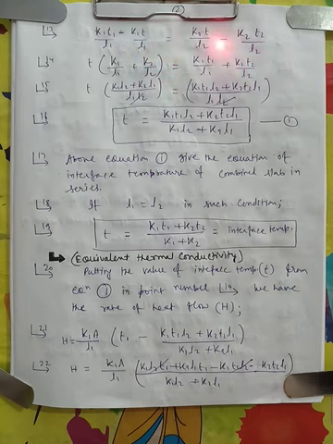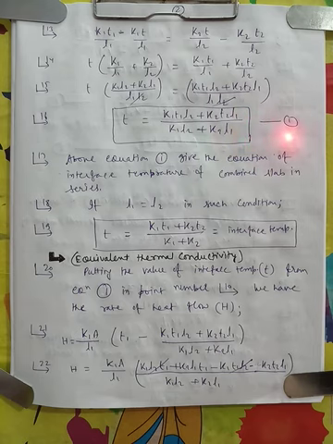By taking the interface temperature terms to one side and solving by simple mathematical rules, T is equal to (K1 T1 L2 plus K2 T2 L1) divided by (K1 L2 plus K2 L1).